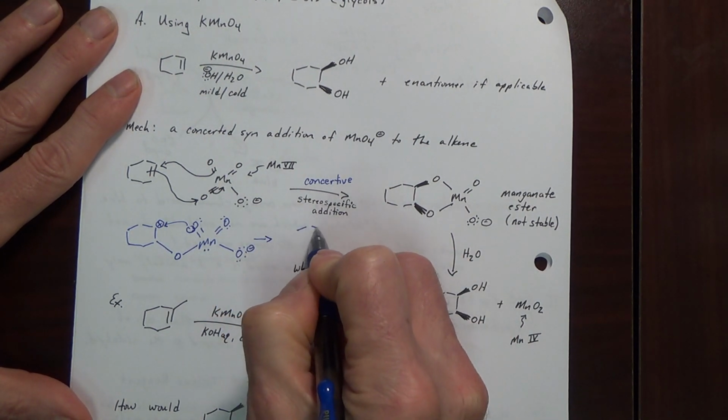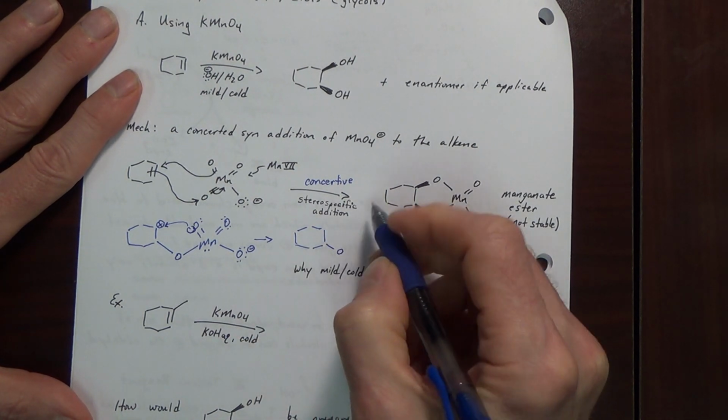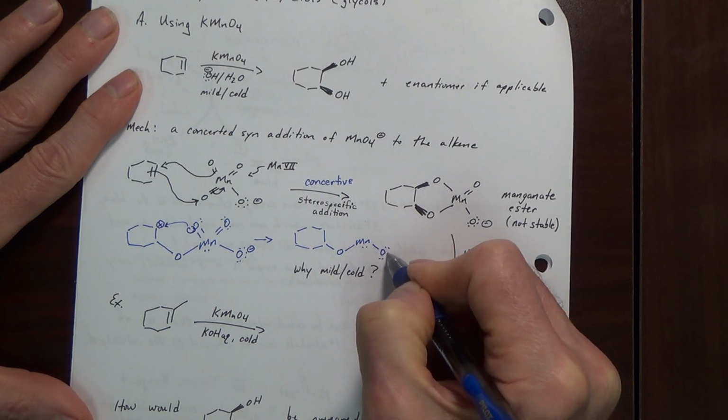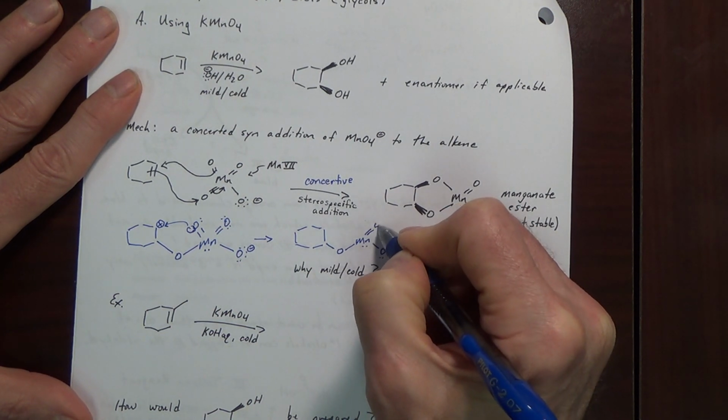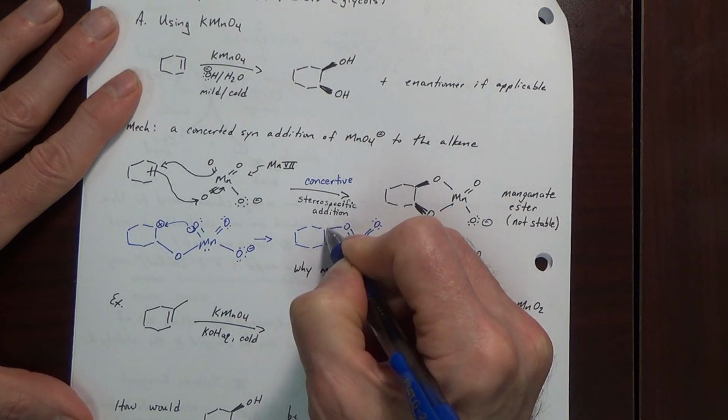And that's going to give O Mn lone pair, double bond O, double bond O. But now this O is bonded here.